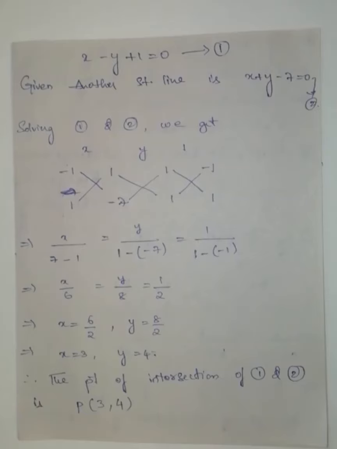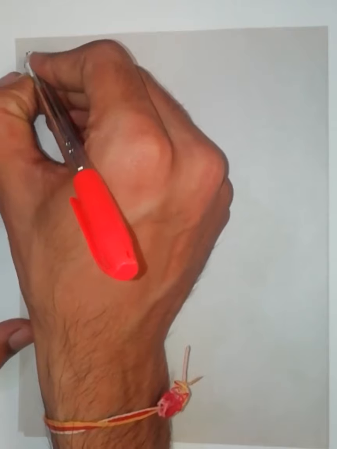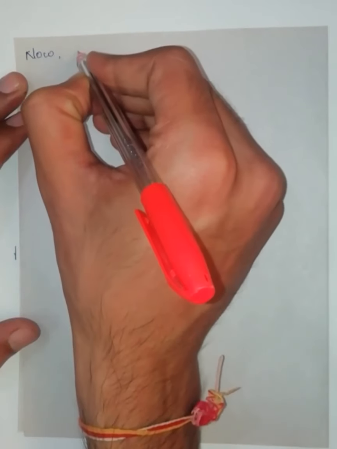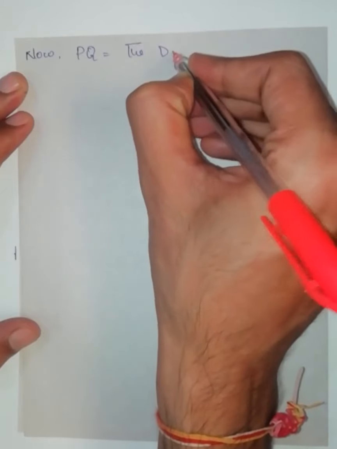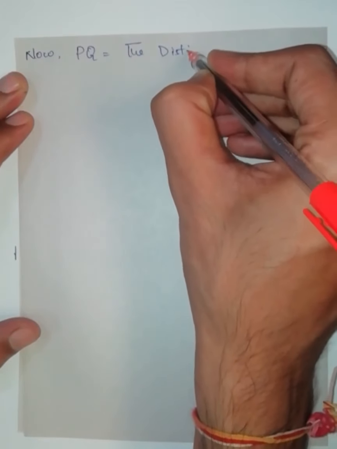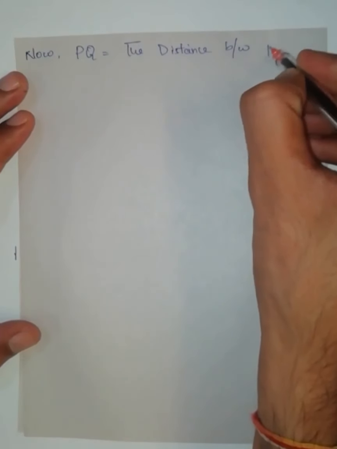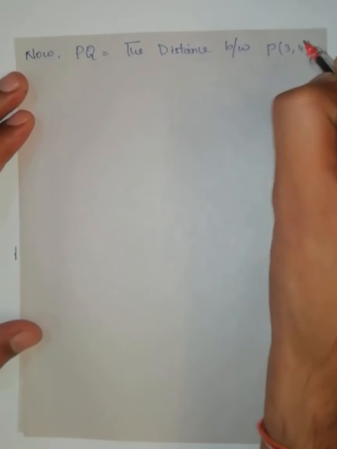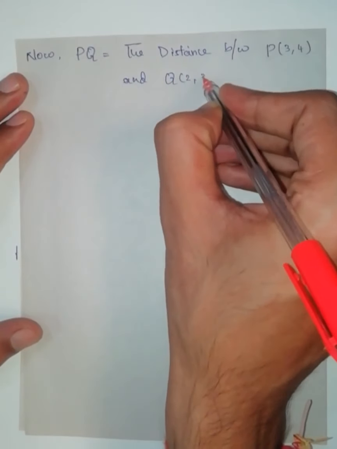Now we have to find the distance between P and Q. Now PQ is equal to the distance between P of 3 comma 4 and Q of 2 comma 3.